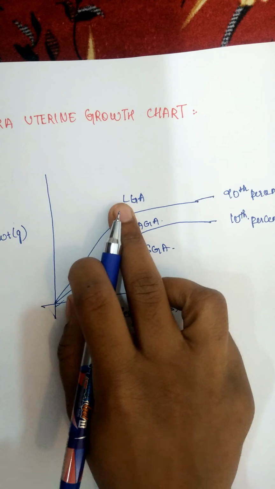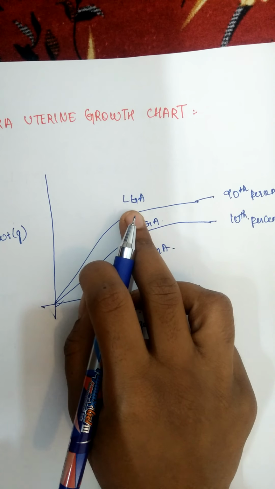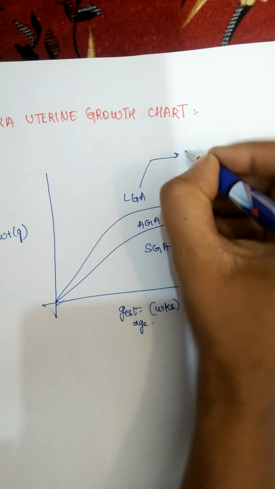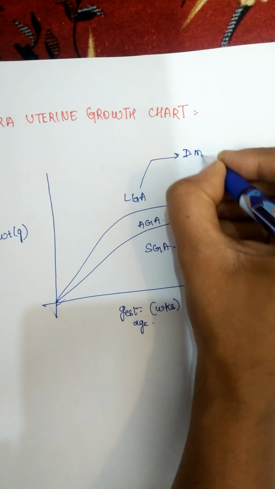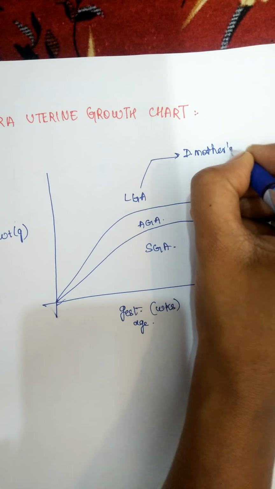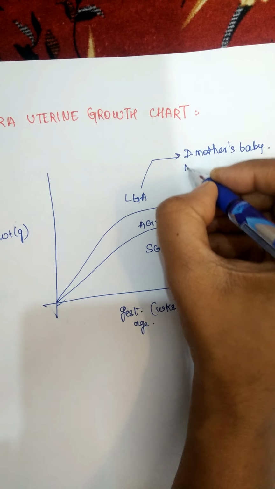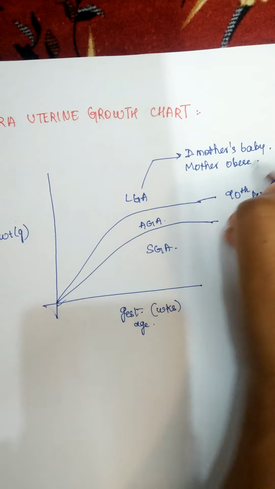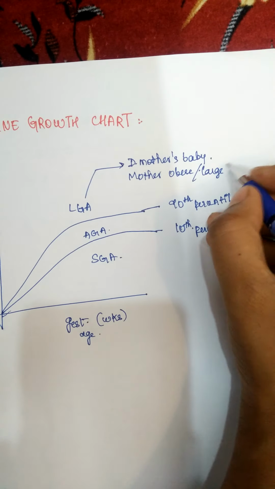And you should know when we will get conditions of large for gestational age. You can see it in the baby of a diabetic mother, and when the mother is obese or of large stature.